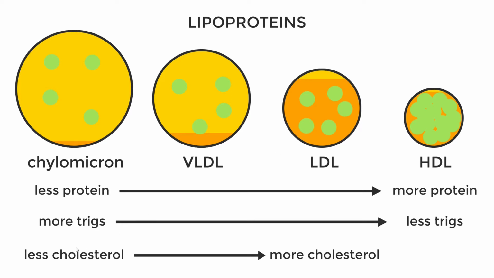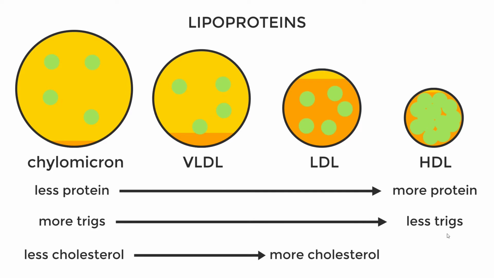They also go from less cholesterol to more cholesterol, but only up until LDL, because when you go from LDL to HDL, the cholesterol content actually drops because it's mostly apolipoprotein. So chylomicrons have very little cholesterol, VLDL has some, LDL is mostly cholesterol, and then HDL goes back down to having some cholesterol.